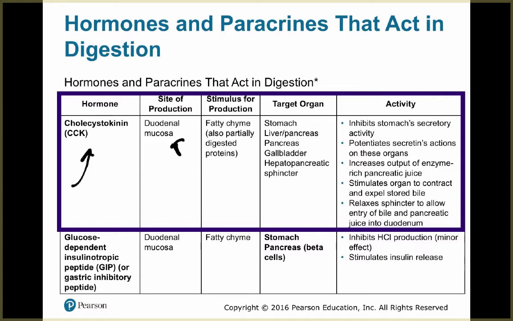It's basically fatty chyme and partially digested proteins that provide the stimulus for production. And these are all the different areas which it will target. The main part of this is that it inhibits stomach secretory activity, so it helps to reduce the gastric juices that are being produced in the stomach once we get into the intestinal phase.